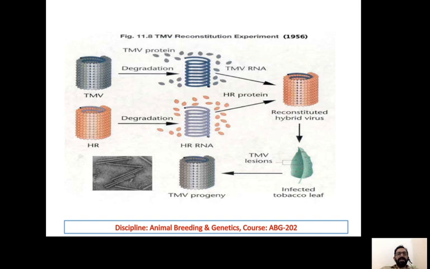The protein was removed from both of them, and they used the TMV RNA and HR protein for the folding of that RNA, and the result was the disease. So that indicated basically it's not the protein component, rather the RNA component that is responsible for the disease.